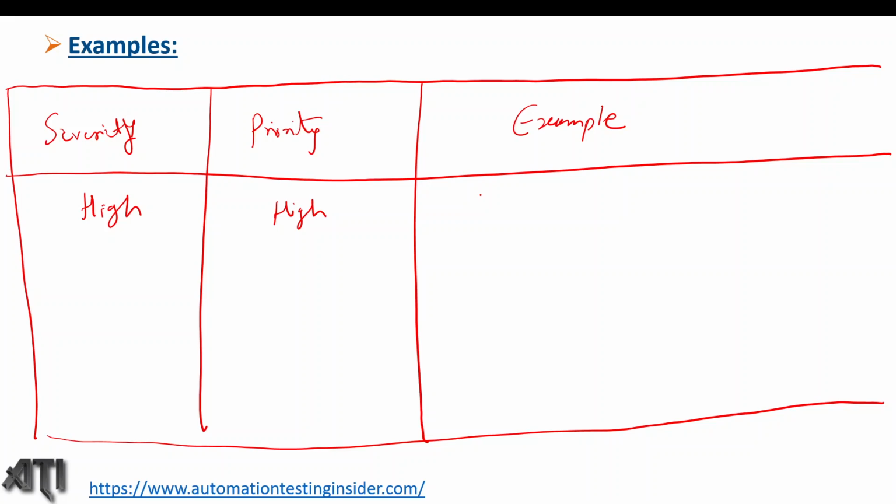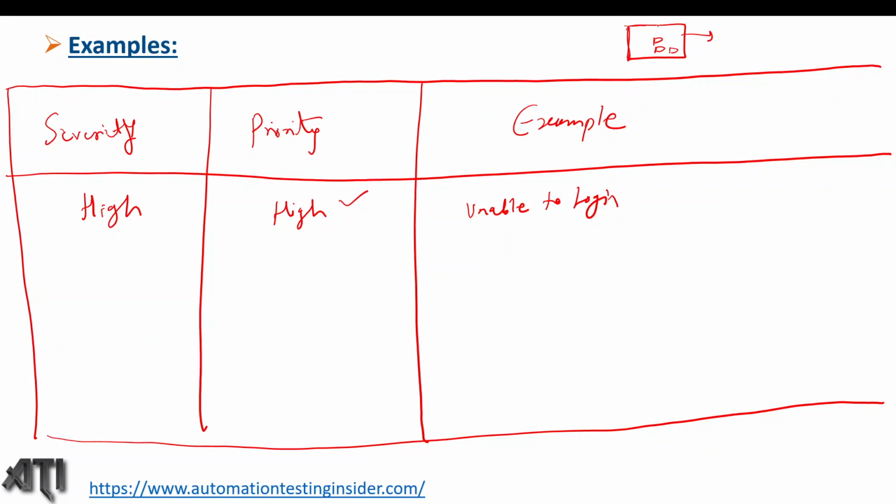Let's say we are unable to log in to the application. We are testing a website and we are able to launch the URL, and while entering the username and password and clicking on the sign in button, we are not able to get the home page, we are not able to sign in to the application, correct? So that is an example of high priority. Why is it high priority?